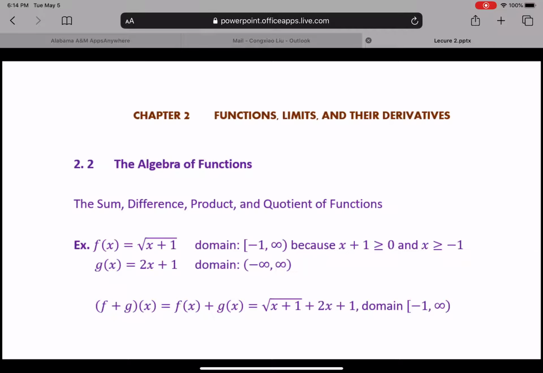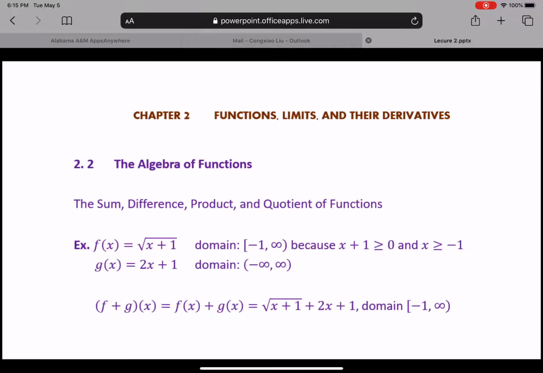That is because we require the inside of the radical, x plus 1, to be greater than or equal to 0, so that we can take the square root. If you solve this inequality, you get x greater than or equal to -1. In interval notation, it is the interval from -1 to infinity, including -1.